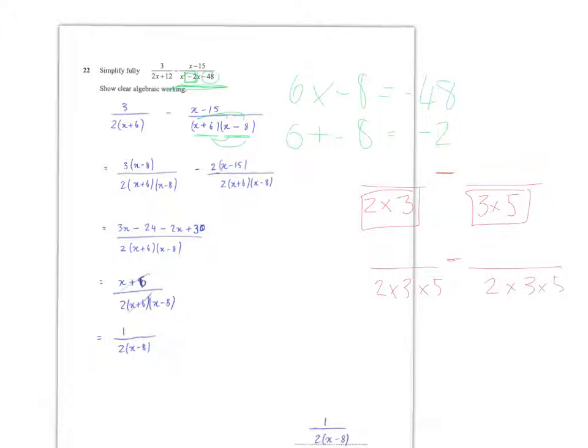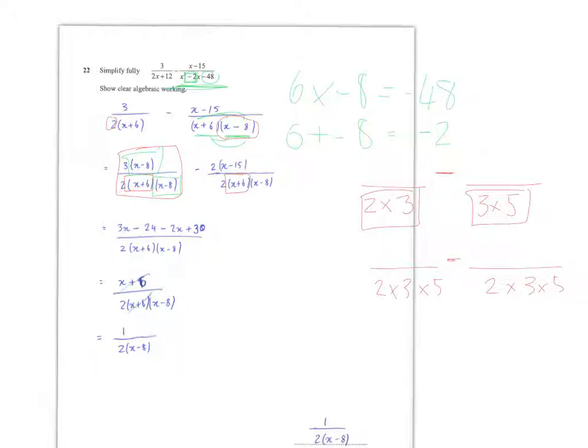So the same here. Write down the terms that are common and then include every other term. So the 2 and the x minus 8. You've now got to think about what did I multiply the denominator of my first fraction by? Well, I multiplied it by x minus 8, so I have to do the same to the top, multiply by x minus 8.